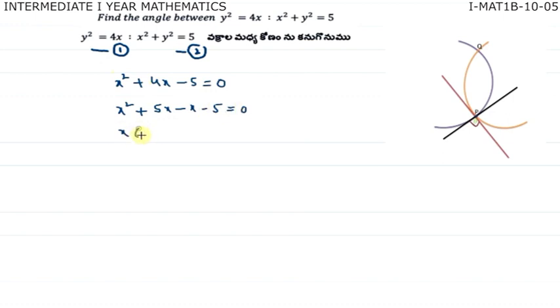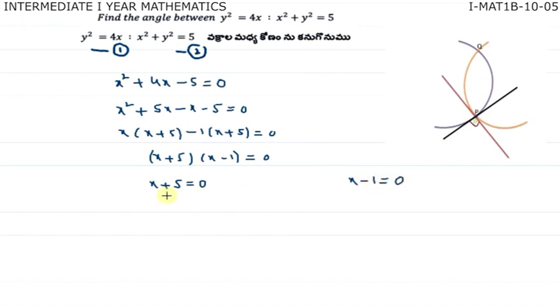After that, x is common: x plus 5, and here minus 1 common: x plus 5 is equal to 0. Again I am taking x plus 5 common, I will get x minus 1 is equal to 0. From here x plus 5 is equal to 0 is one factor, another one is x minus 1 is equal to 0. From here I will get x is equal to minus 5 and x is equal to 1.